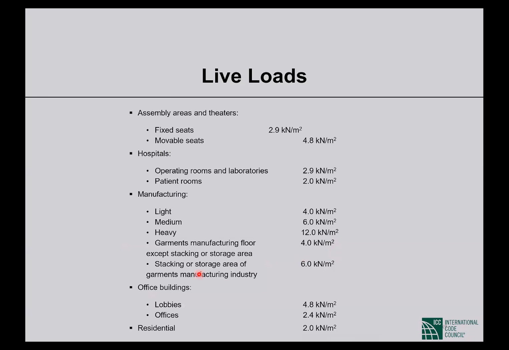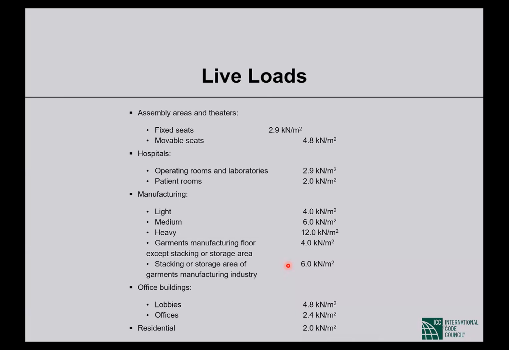And for storage areas, this is 6 kilopascal, kilonewton per meter square, which is equivalent to 120 PSF. But do you think this is enough? 120 PSF? I think many of you who have experience in assessing garment factory buildings will disagree.